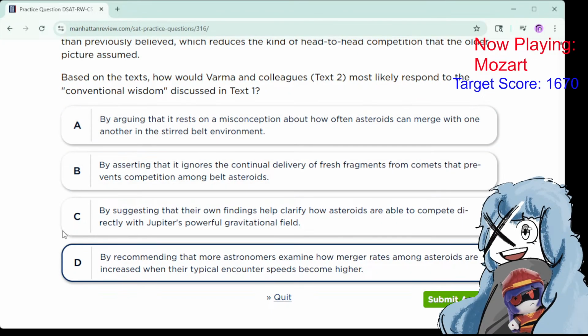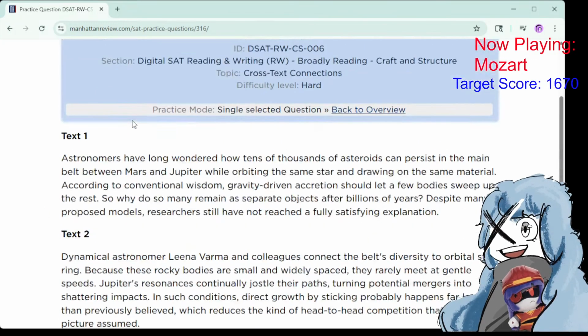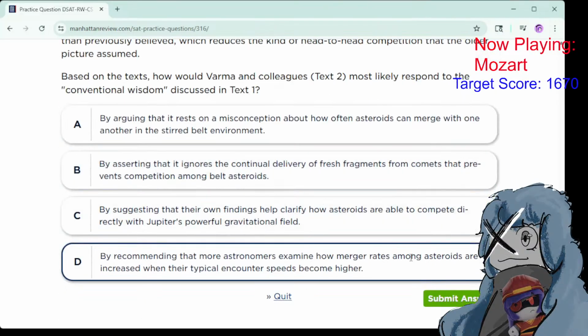I think it's between A and D. Which one's conventional wisdom? I see D.